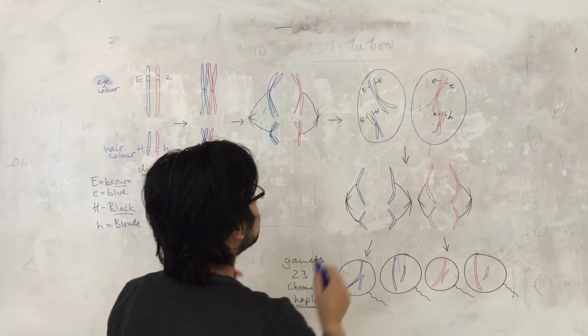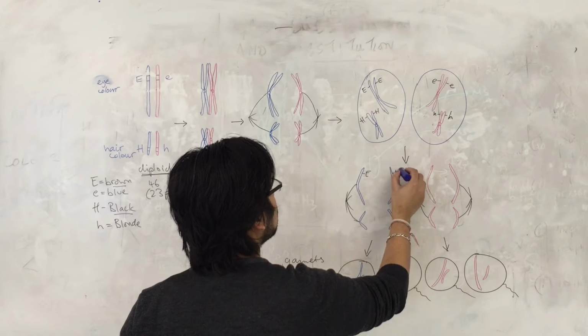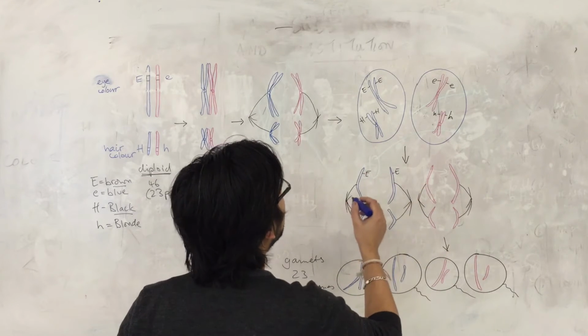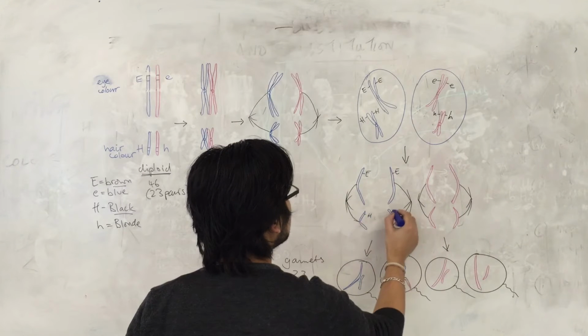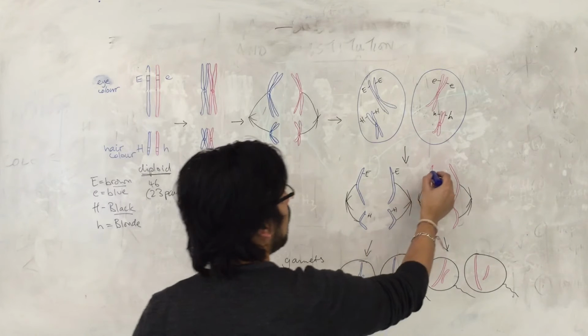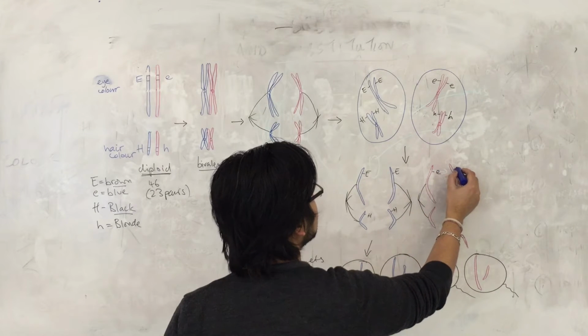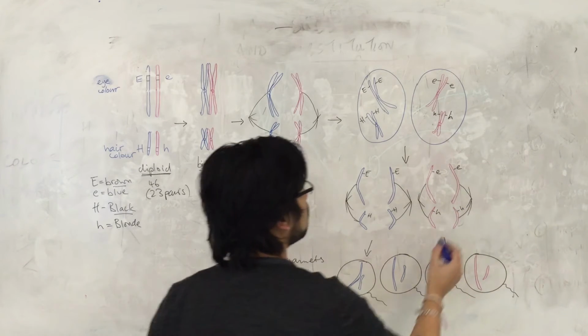Right, so let's follow these genes then. We have our E here, E there, and H here, and H here. And here we have our recessives. There.